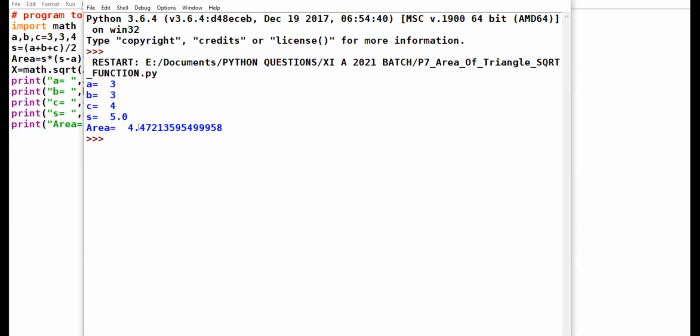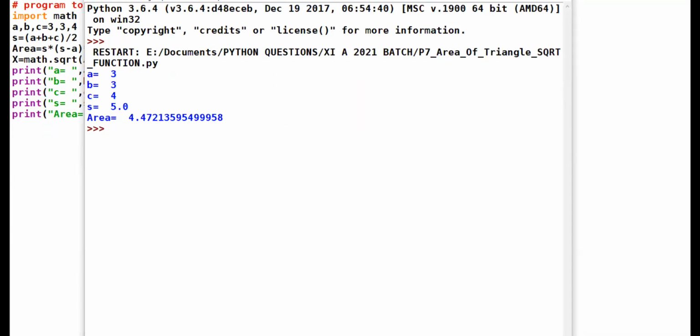See, the under root of 20 is 4.472. You don't have to write this much long range. Okay. Is the program clear to everyone?